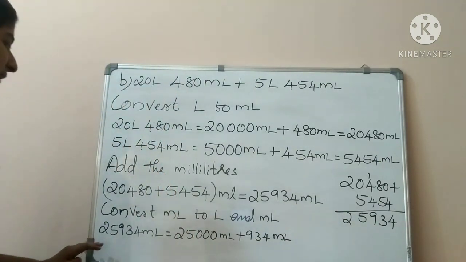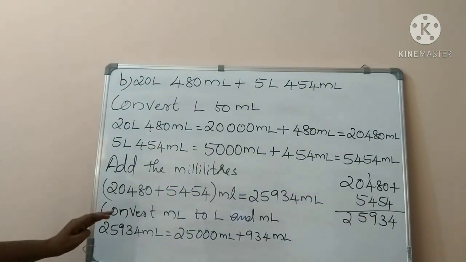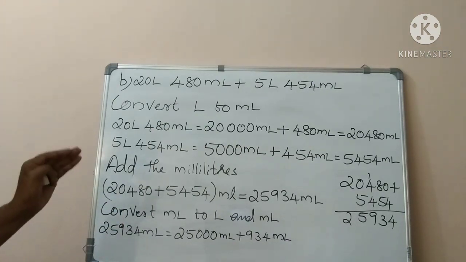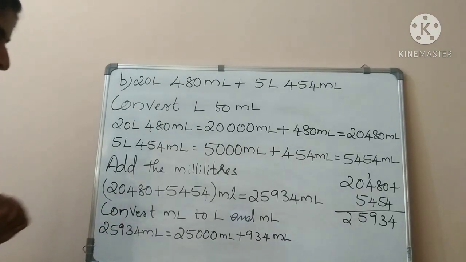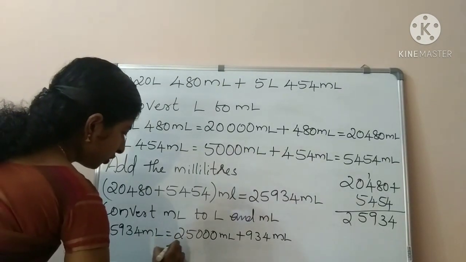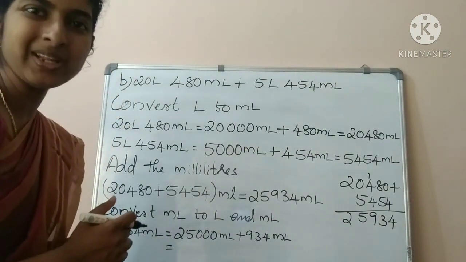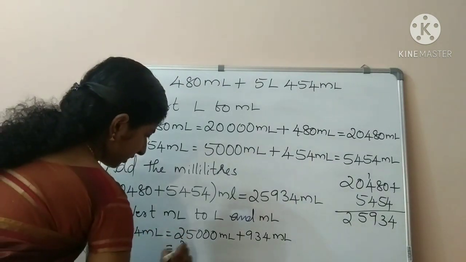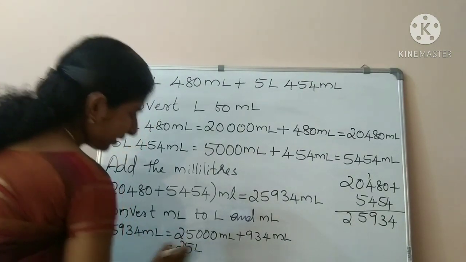So 25,934 milliliter is equal to 25,000 milliliter plus 934 milliliter. 25,000 milliliter, how many liter? Yes, 25 liter.